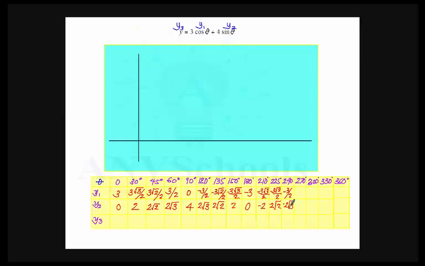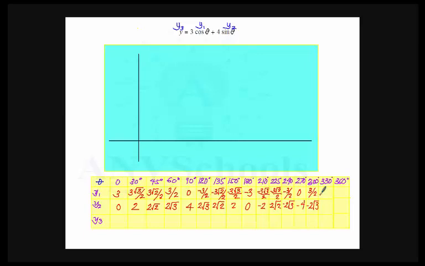And 270, cosine will be 0, and sine is negative 1, so this would be negative 4. And for 300, that would be a reference angle of 60 degrees from the horizontal, and sine is negative here, so find the 60 degrees values, and sine is negative and cosine is positive, so that would be 3 over 2 for cosine.